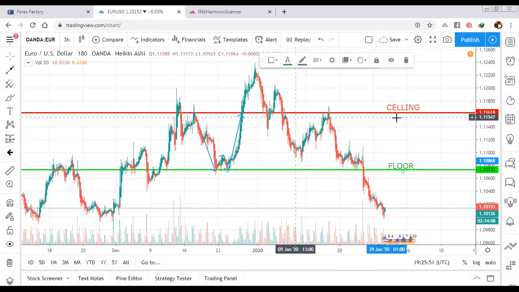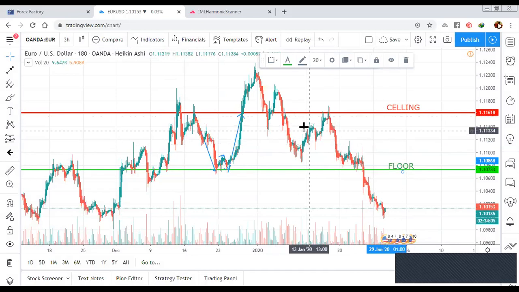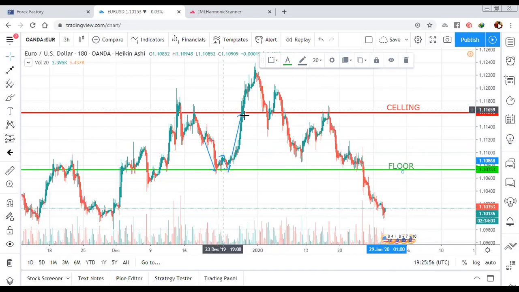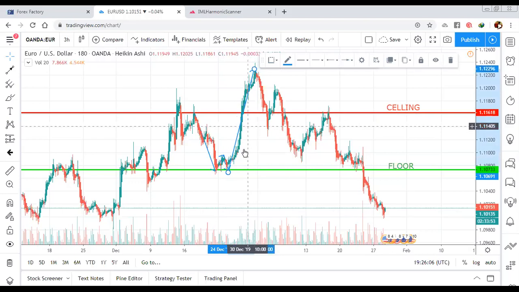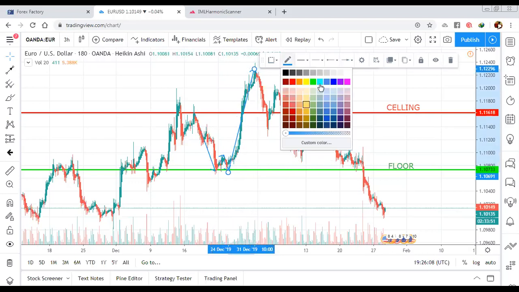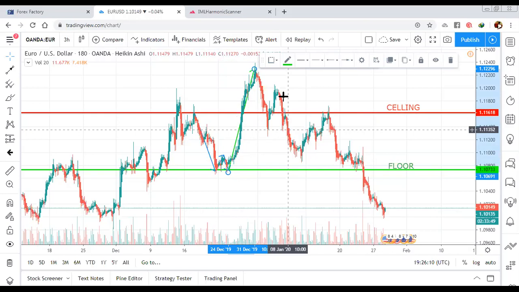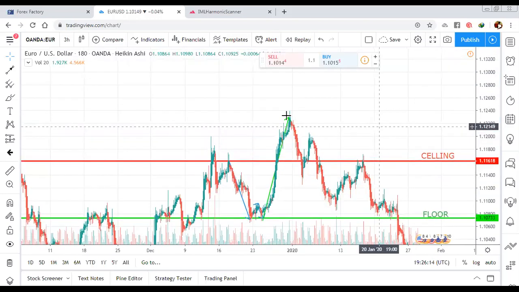How do I mean? As you can see, when you come over to this particular place where my mouse is, you can see that the market broke through and came to this particular point.